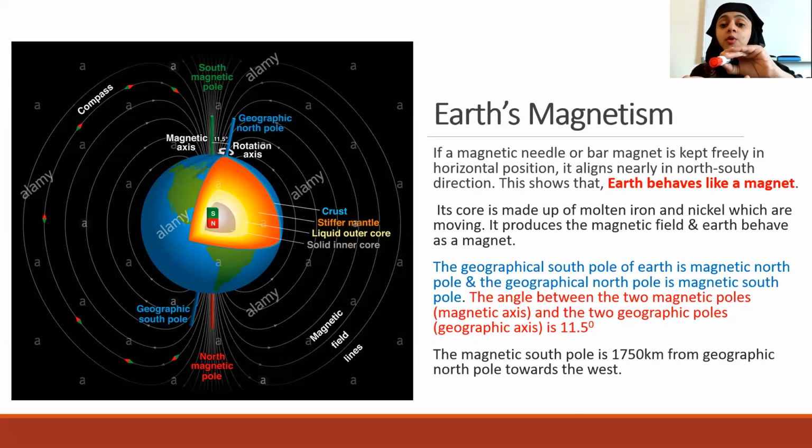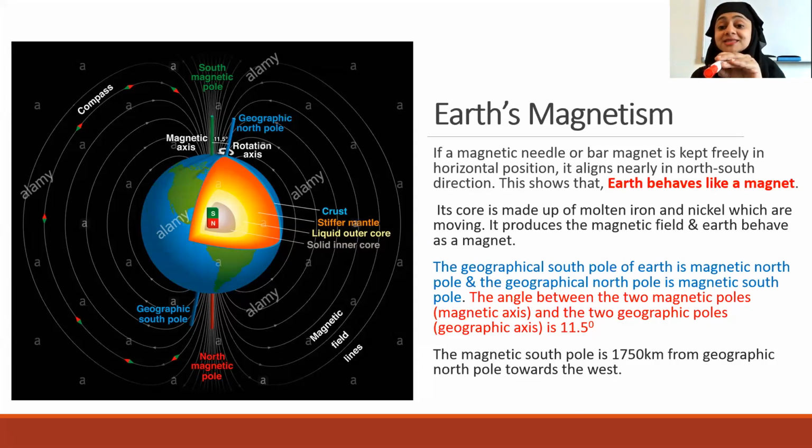Yes. Without realizing that, in the beginning, people named the pole on the Earth which attracted the north pole of the magnetic compass as geographic north. We call it North Pole because the north pole of the magnetic compass points towards it.